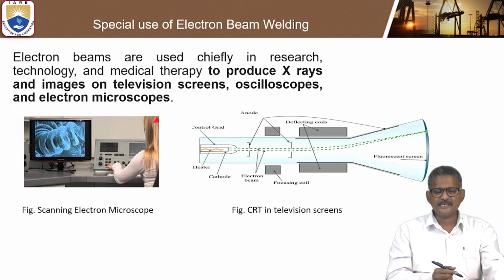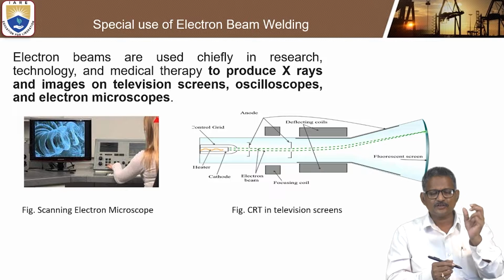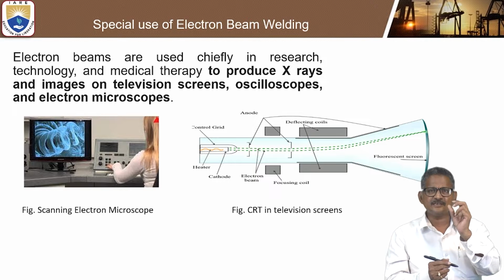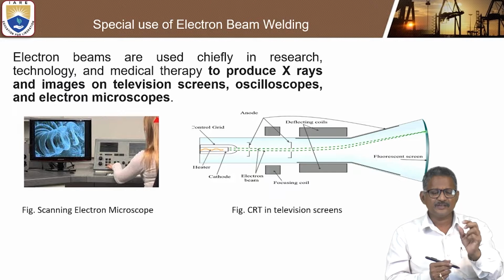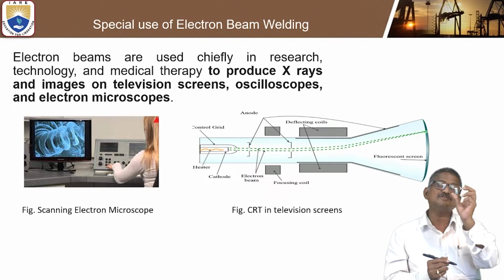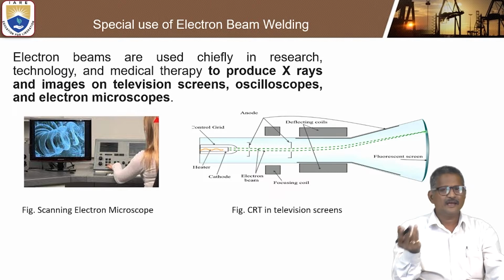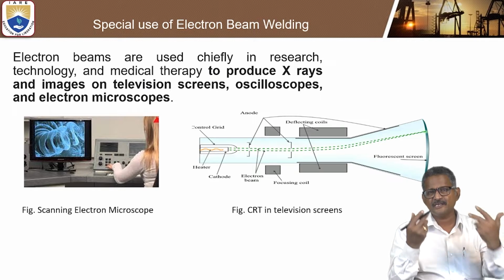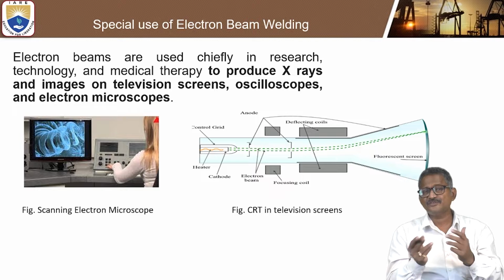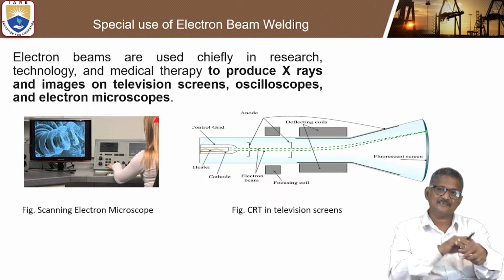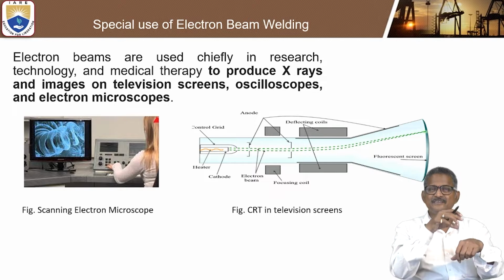Even the SEM, the scanning electron microscope, is one of the important machines where you can test the microstructural components of anything, even in a human being. If a fracture occurs, we don't know exactly what happened in that structure, what happened in that knee.